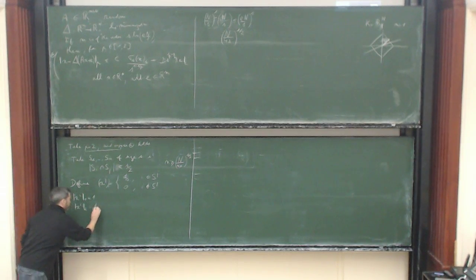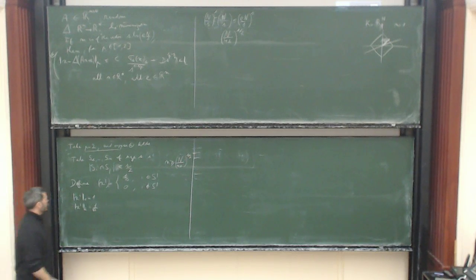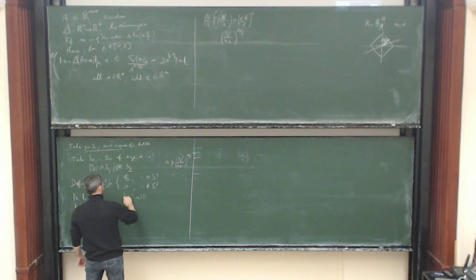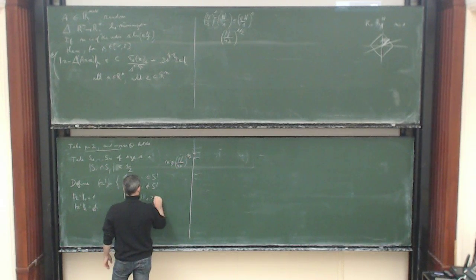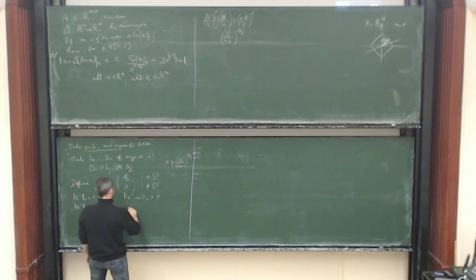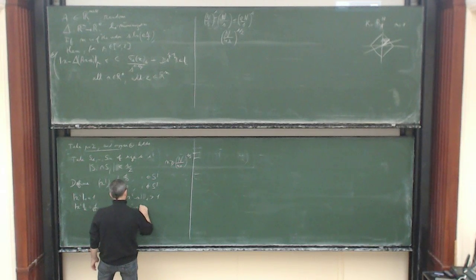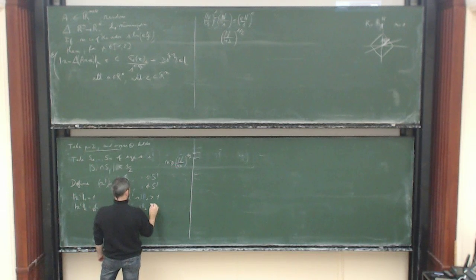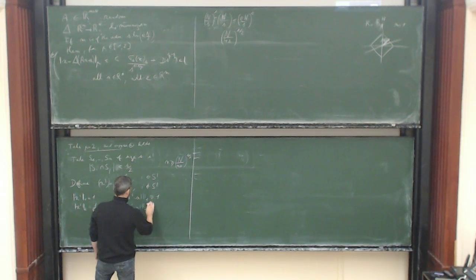If I look at xi minus xj, again we said that the L1 norm is larger than 1.